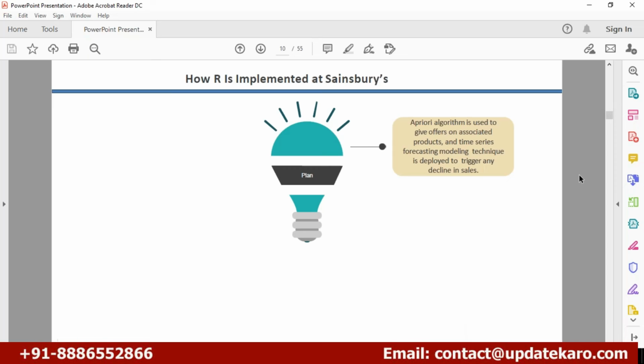Time series forecasting is one side, and on the other side, they have the a priori algorithm. What I told you, the a priori algorithm. What was it? It is used to give offers on the associated products. The time series forecasting modeling technique is deployed to trigger any decline in sales.